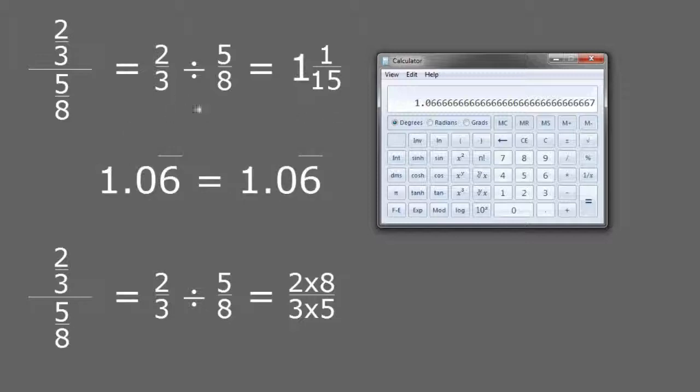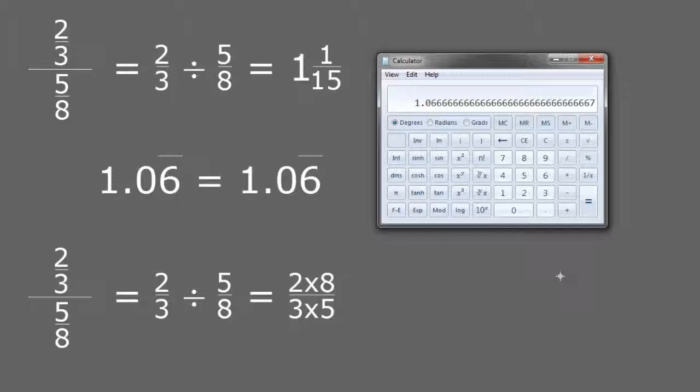Now, what I have here has to be equal to what I have on the other side of the equal sign, and this is nothing more than 1 plus 1 over 15, and that equals the same thing, also 1.6 with the 6 repeating infinitely.